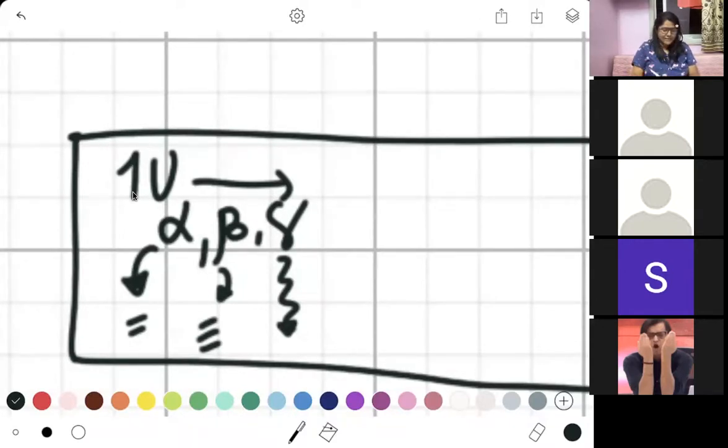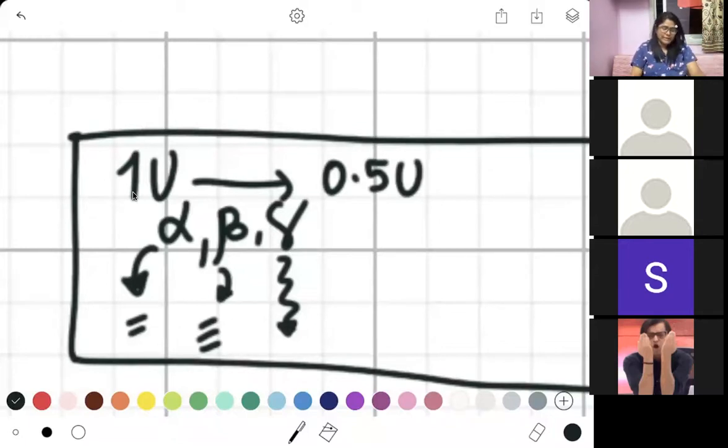When this happens, I would say my substance reaches half of its original mass. The period I calculated for this reaction to go from 1 to 0.5 is my half-life.